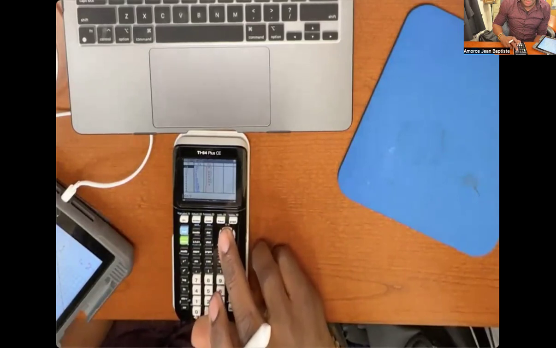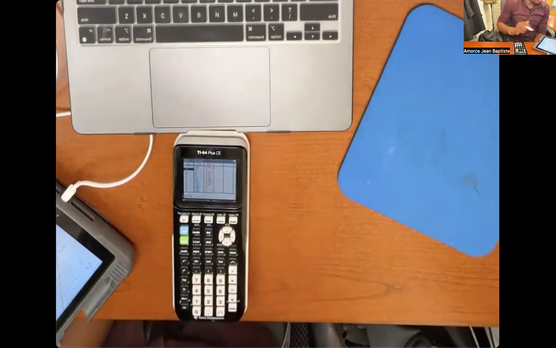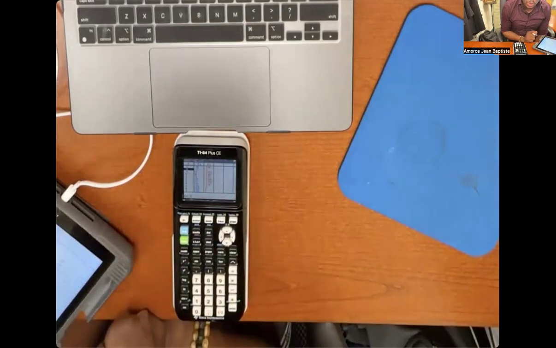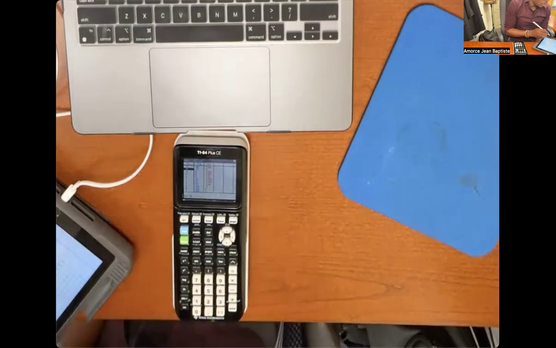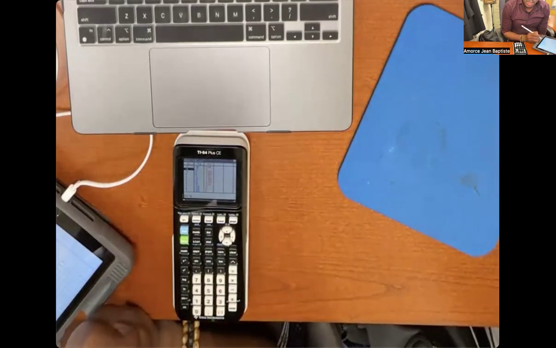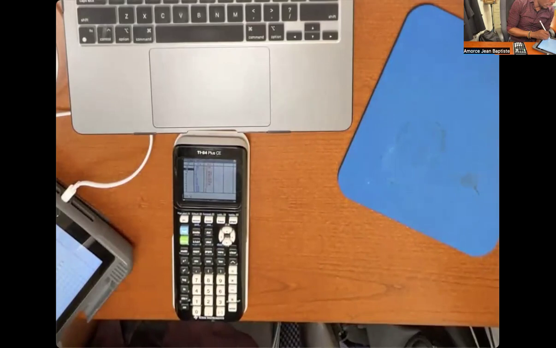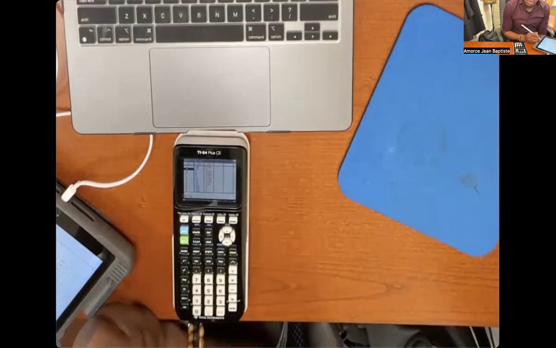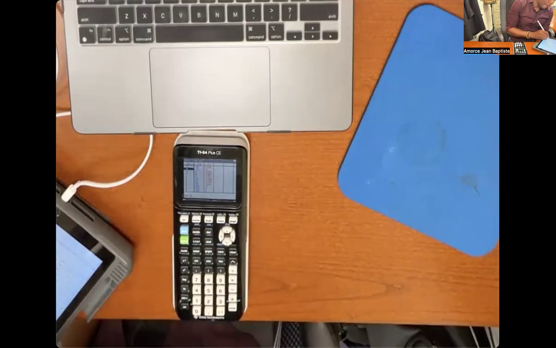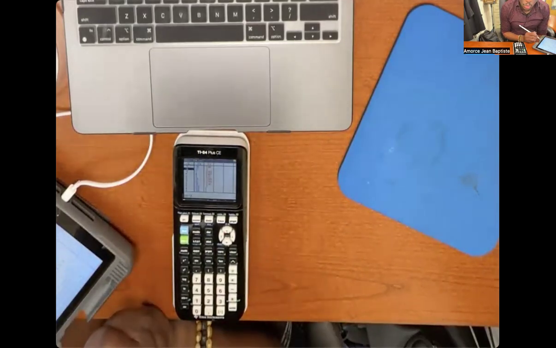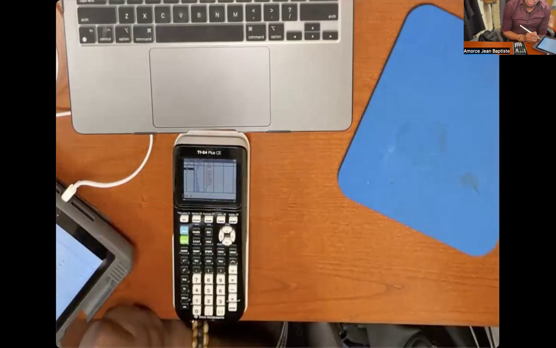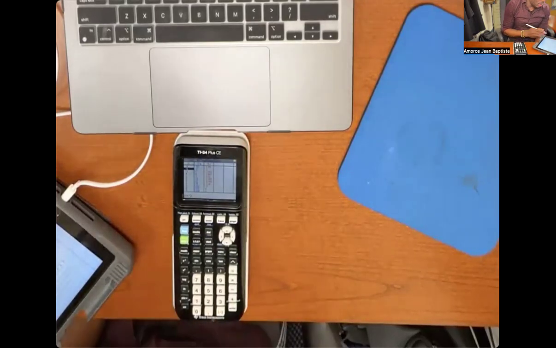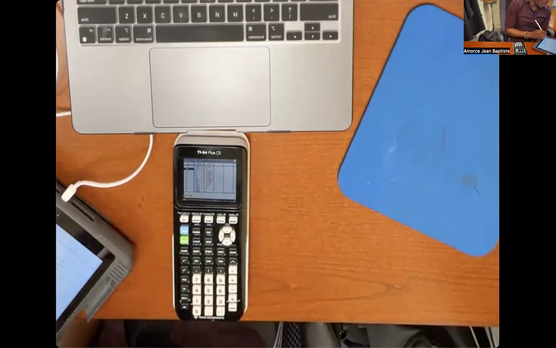For the function f of x, I can take x equals -2, y equals -2, x equals -1, y equals 5, x equals 0, y equals 6, x equals 1, y equals 7.